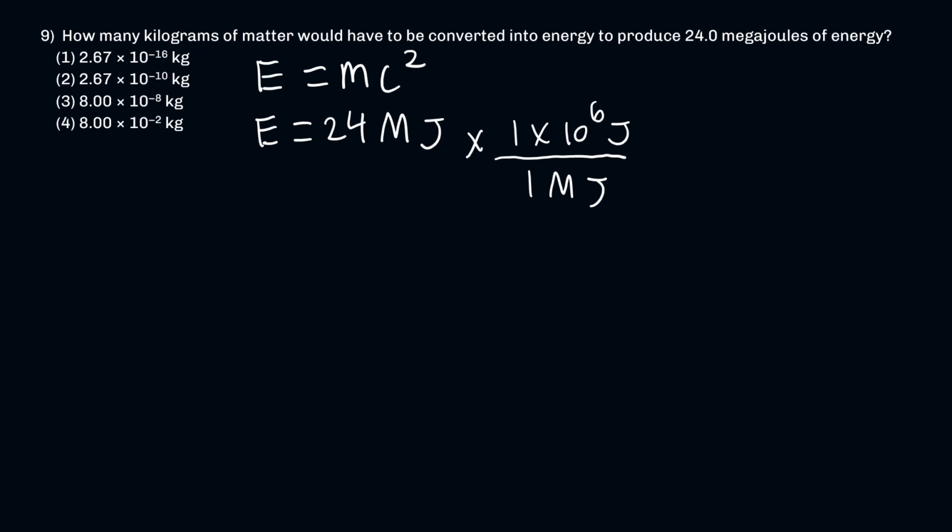This would be the same thing, say, if you had a mega meter or something like that. It would be telling me that 1 mega meter would be 1 times 10 to the 6th meters or something like that.